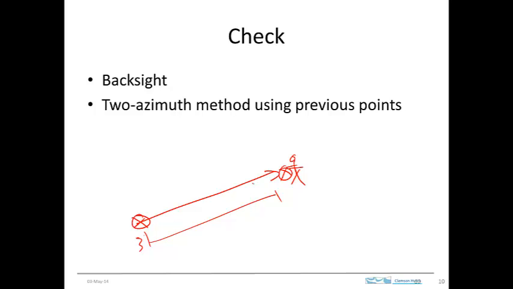Another more involved check would be to go like so. So if we have a base point that's right here, and we go over and do an azimuth and a distance to that point, and we go and do another azimuth and distance to this point, and another azimuth and distance to that point. Now, at this point, we may want to check our work.